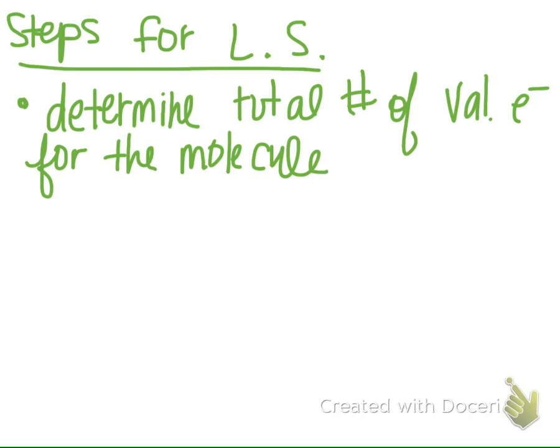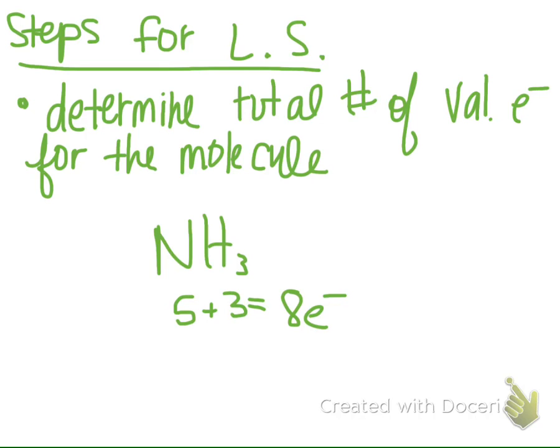So if we have the molecule NH3, what's our total number of valence electrons here? Nitrogen has how many valence electrons? 5. Hydrogen has 1 valence electron, and we have 3 of them, so it's 3. So right here, we need to have 8 valence electrons in that molecule that we'd have to represent somewhere in our Lewis structure. That's our first step.